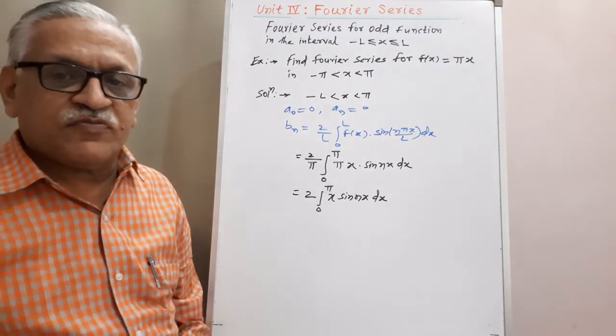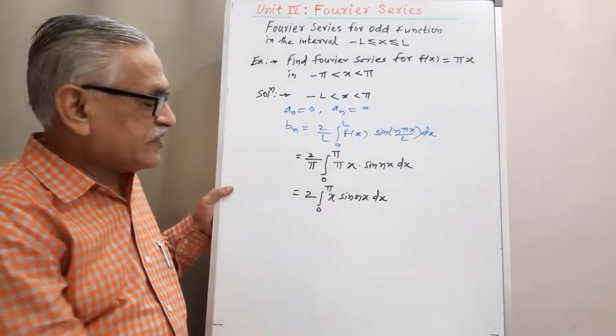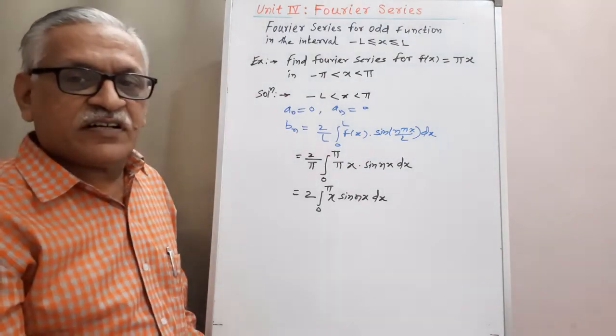It is a product of two terms of x. The first one is x, algebraic type, and the second is sine of nx, trigonometric type.